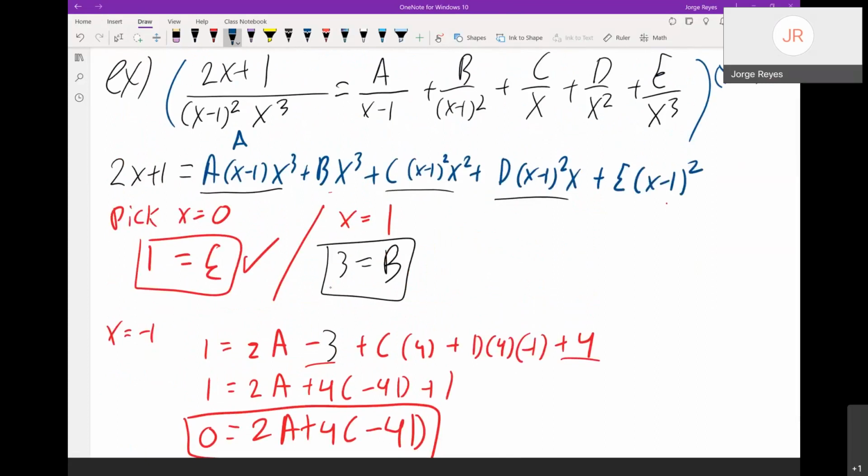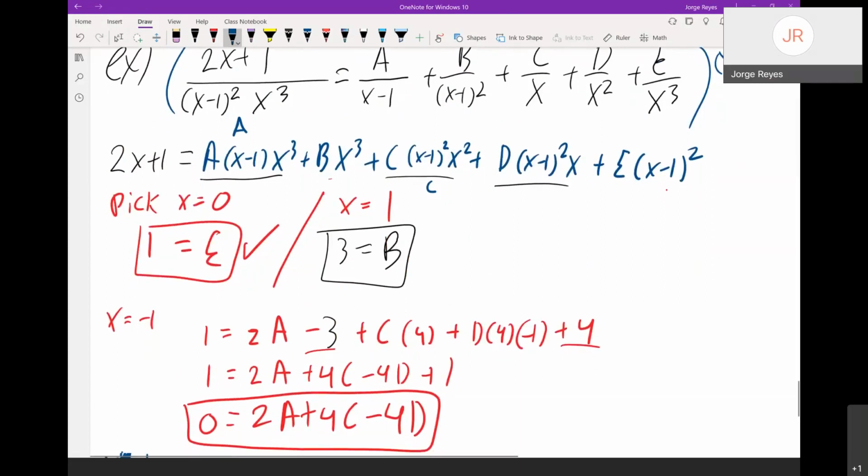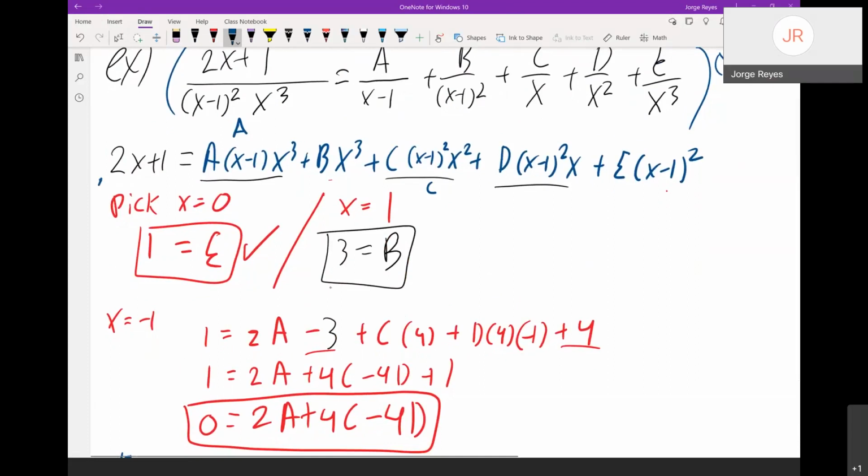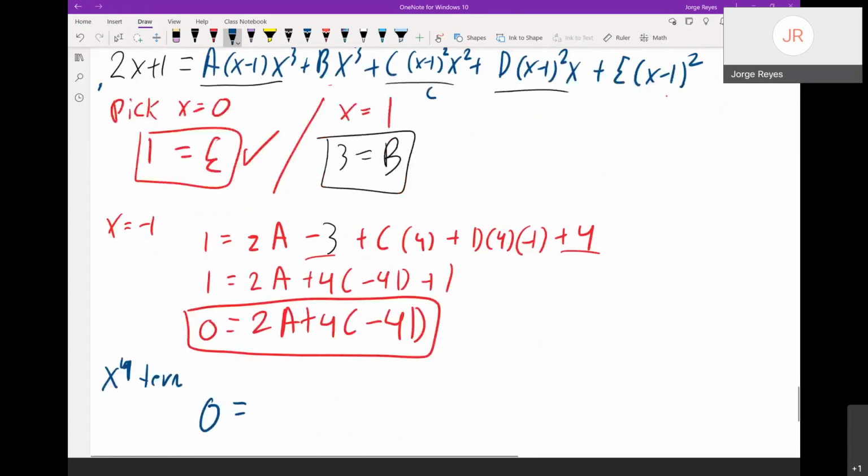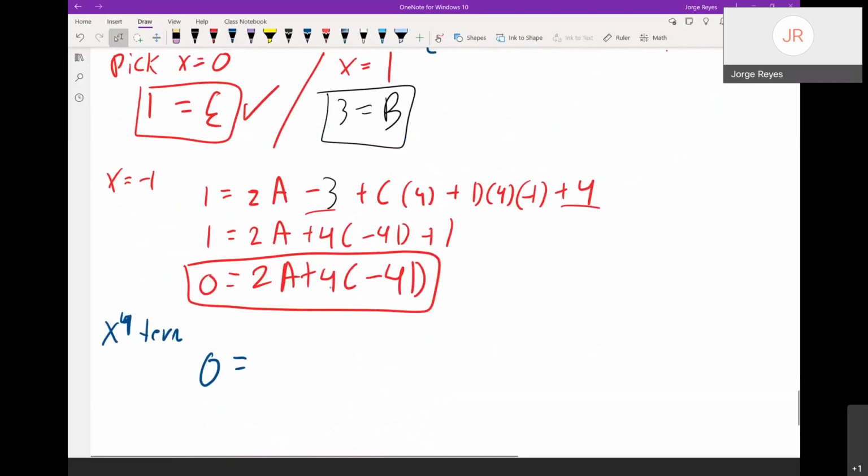This one is just going to be C. This one doesn't have a 4th power, and this one also does not have a 4th power, and this one over here doesn't either. So you get 0 equals A plus C, which is nice. That's what you get for comparing the x to the 4th power terms.